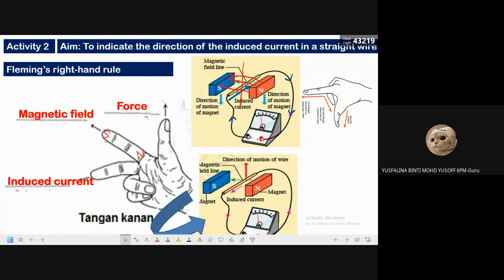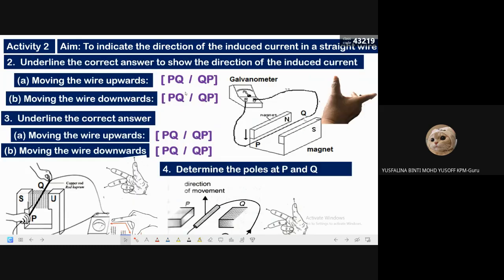Wait, I need to change the USB. Then another part is to indicate the direction of the induced current in the straight wire.